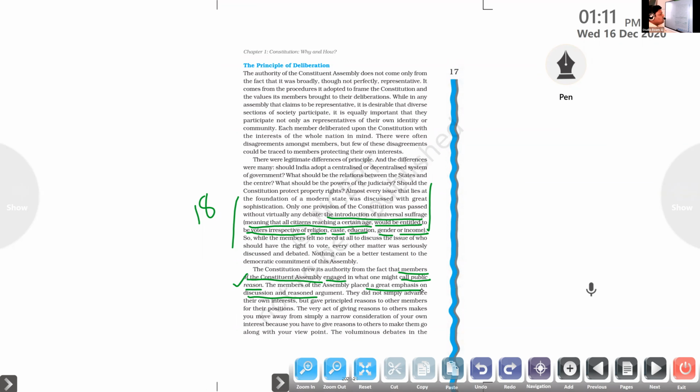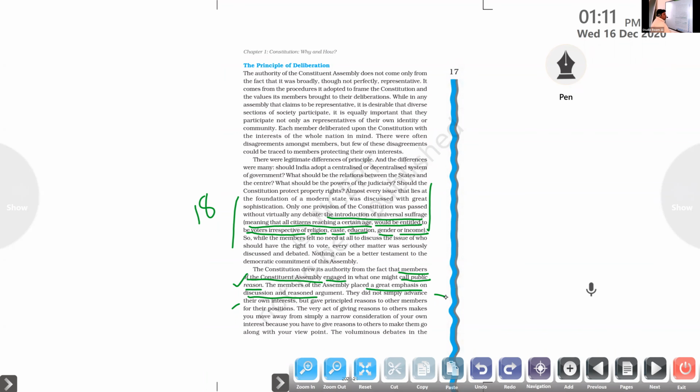Arguing with proofs is what arguing with reason means. They did not simply advance their own interest.